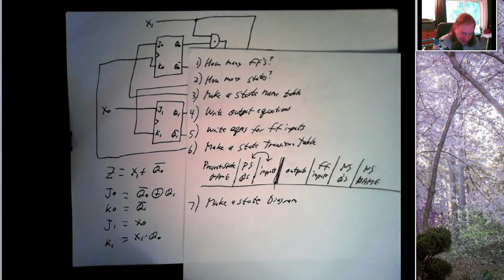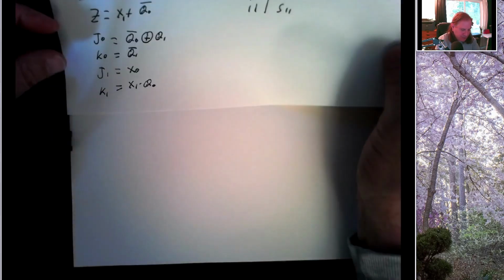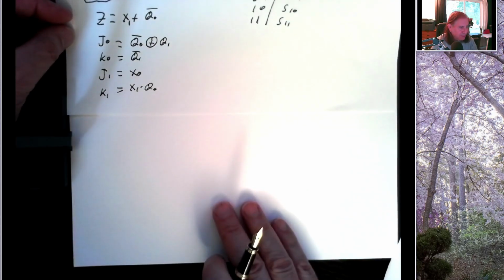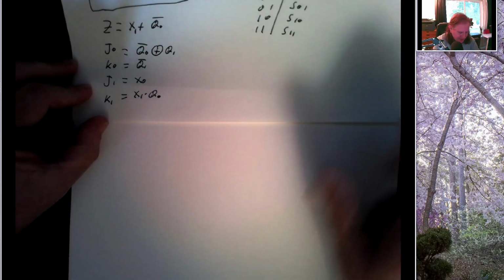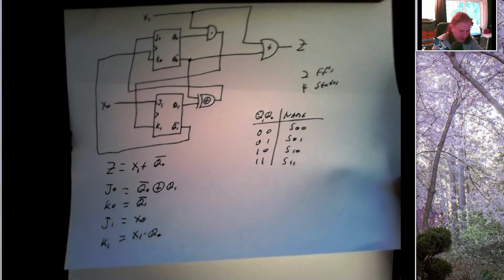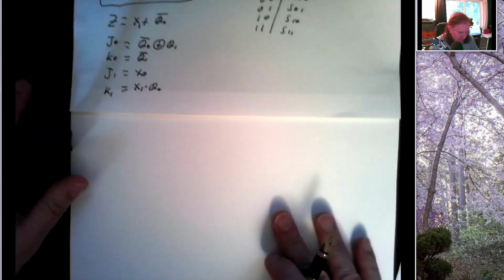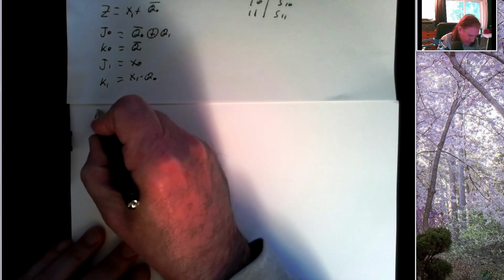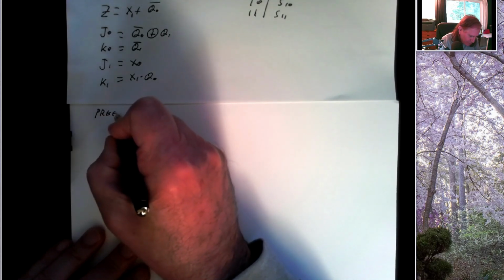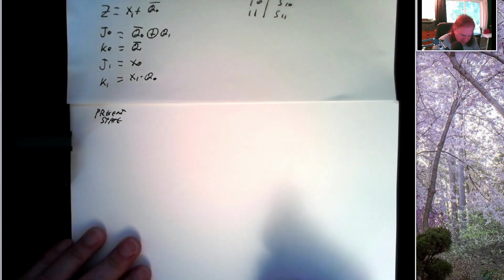We're ready to make a state transition table. So we don't need the diagram anymore. We know what the state names are by habit, so let's just go ahead and use these equations and fill in a state transition table. So we're going to start off with present state and inputs.